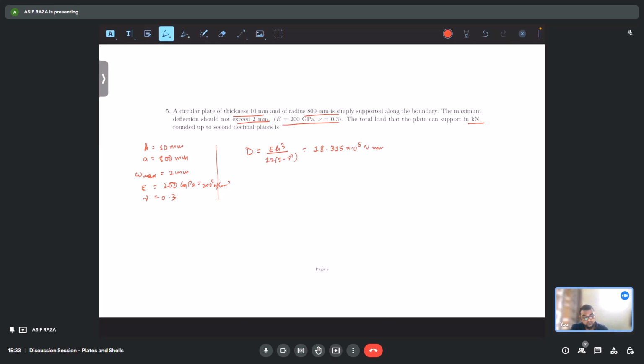Now for a circular plate where the boundaries are simply supported and there is a UDL, the maximum deflection is given by the relation qa⁴/(64D) × (5 + ν)/(1 + ν).